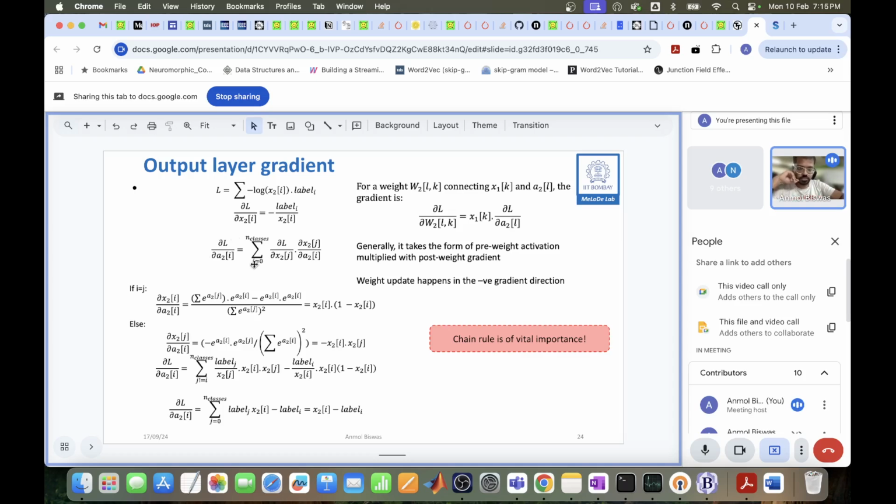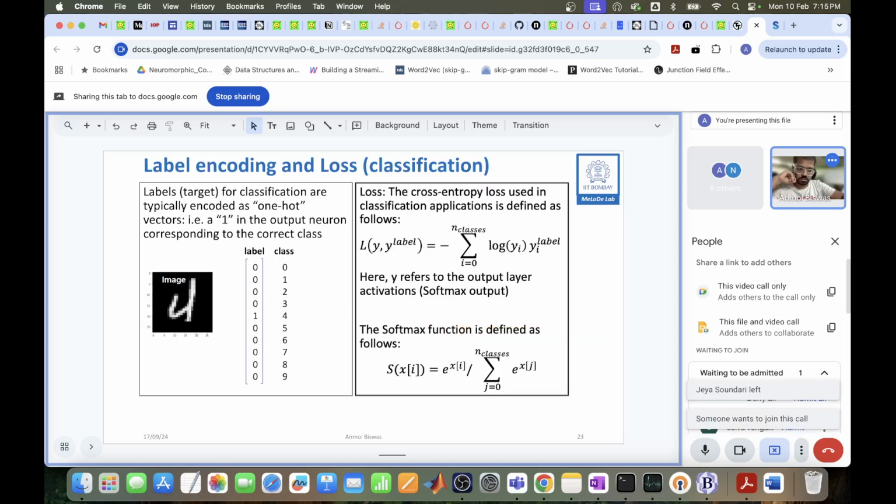is no longer straightforward, because if you notice the softmax function, the output of the softmax at the ith position is not only dependent on the pre-activation at the ith position, but rather it is dependent on the pre-activations at all positions.